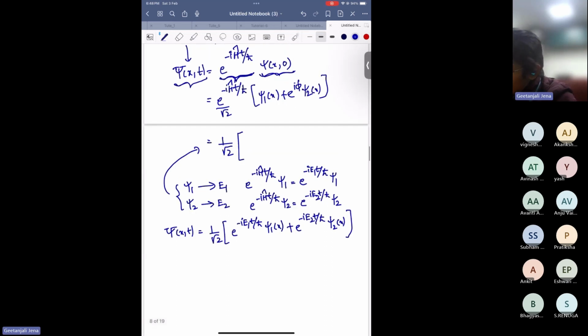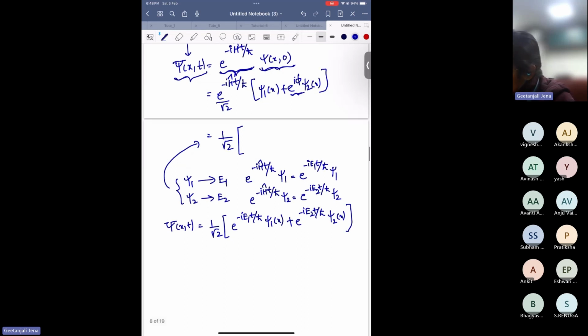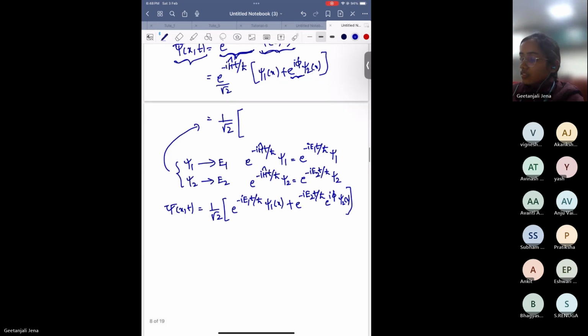I think I have missed the phase factor here. There is a phase factor here also, so one extra term will appear here: e to the i phi psi 2(x). So everything is clear up to here.